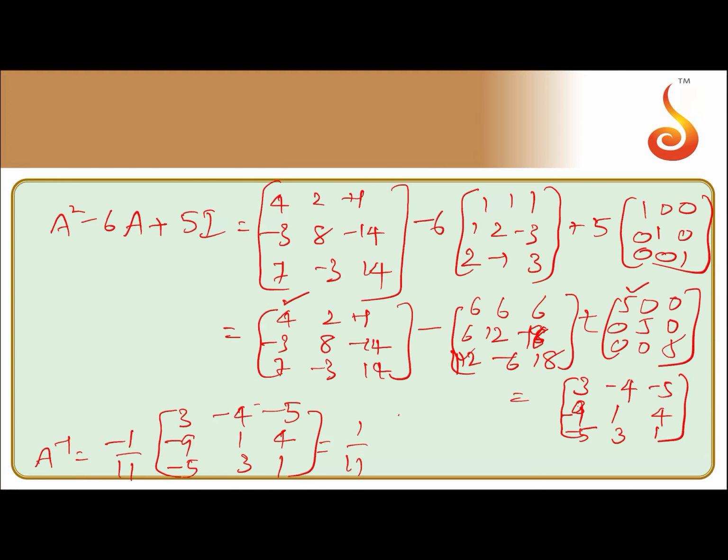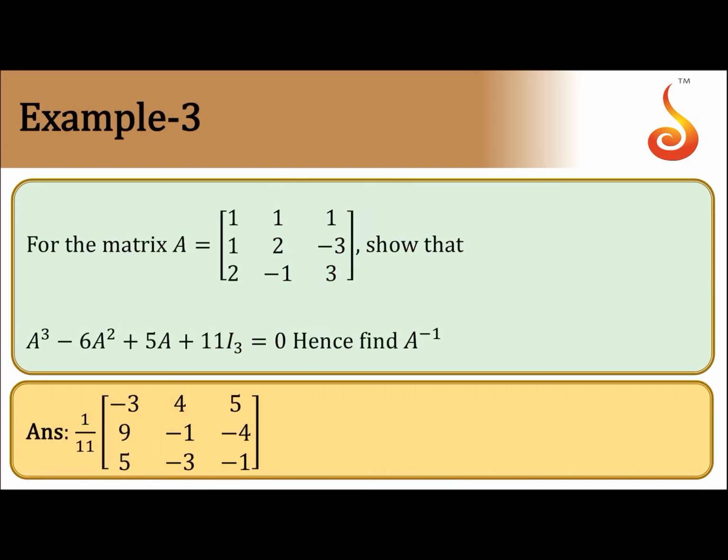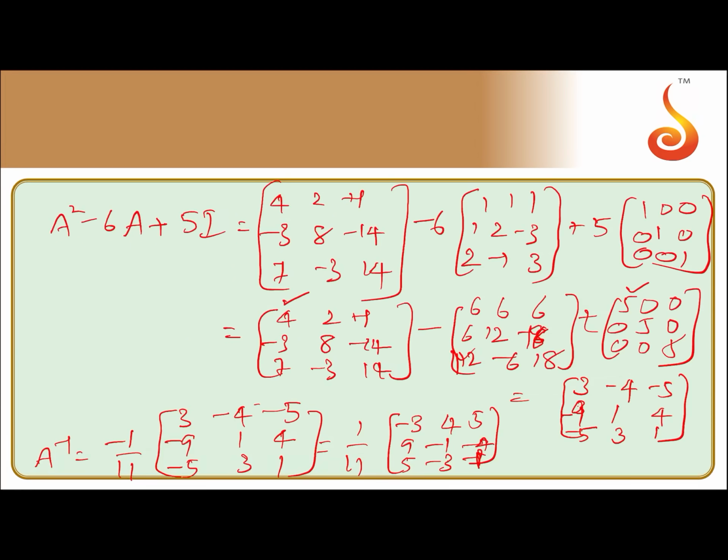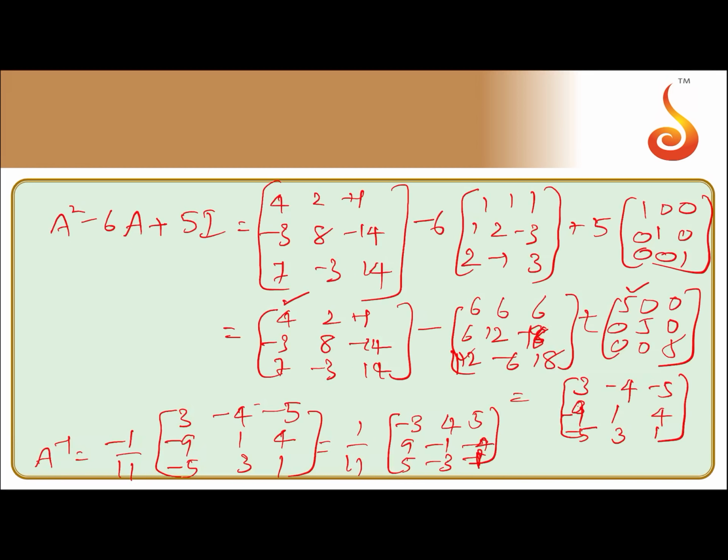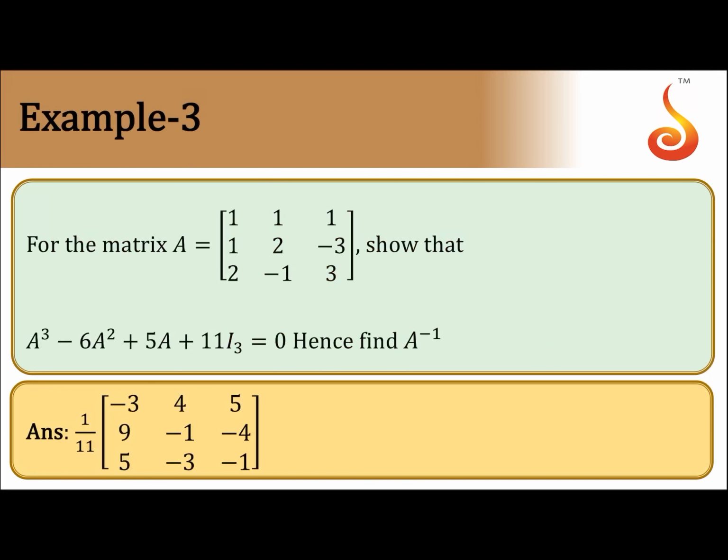Of course, that is 1 by 11 times minus 3, 4, 5; 9, minus 1, minus 4; 5, minus 3, minus 1. Clear? The answer is correct.